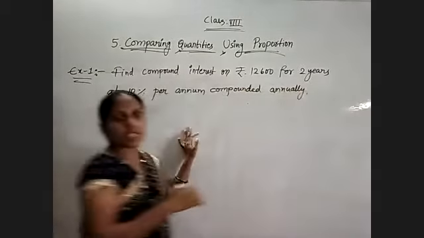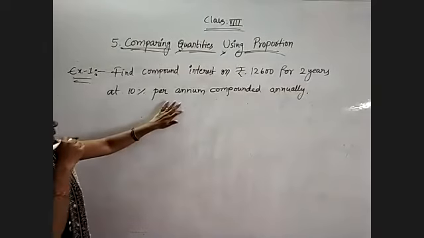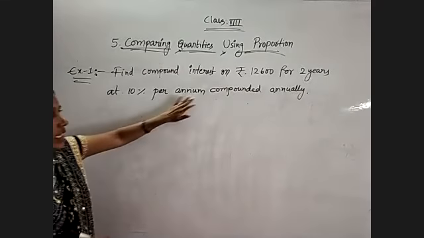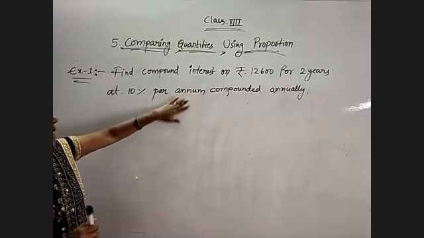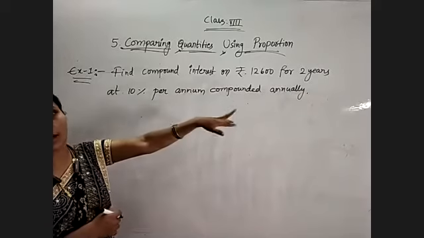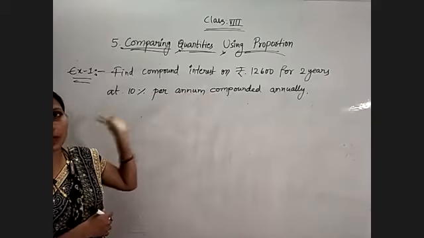Observe here. First of all, we need to think about how the interest is compounded. Here, annually means for 1 year. In that case, the number of conversion periods is equal to the number of years. That means n is equal to 2 itself.